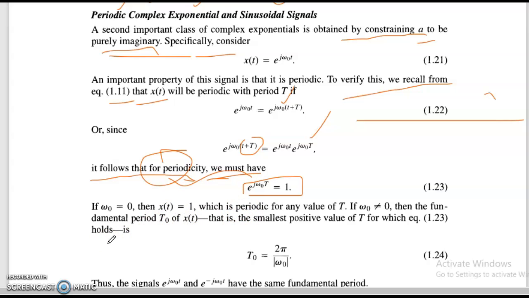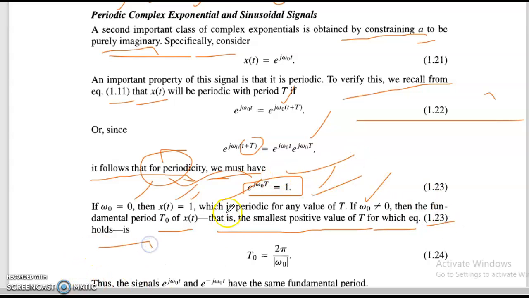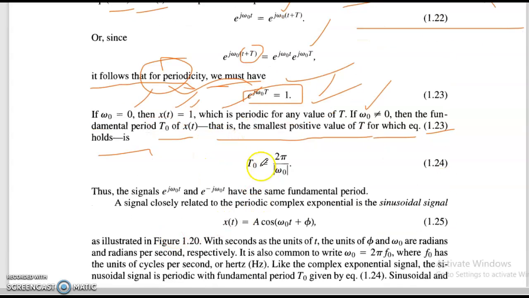If omega naught is 0, then x(t) equals 1, which is periodic for any value of T. If omega naught is not equal to 0, then the fundamental period T naught of x(t), that is the smallest positive value of T for which equation 1.23 holds, is T naught equal to 2 pi divided by the magnitude of omega naught.